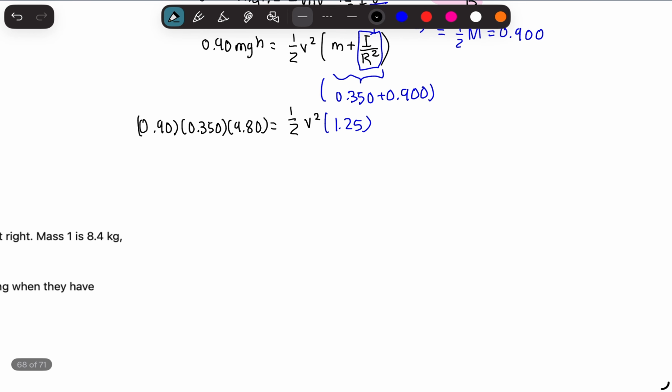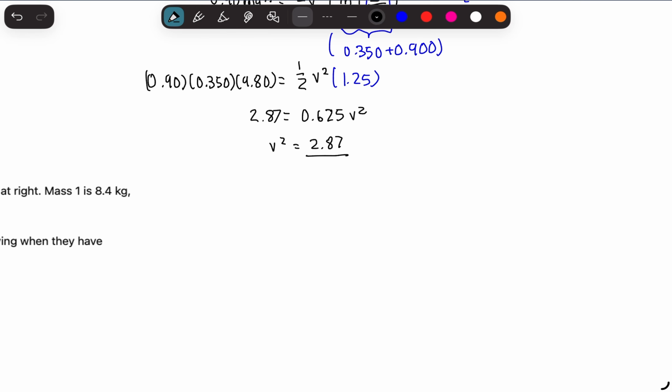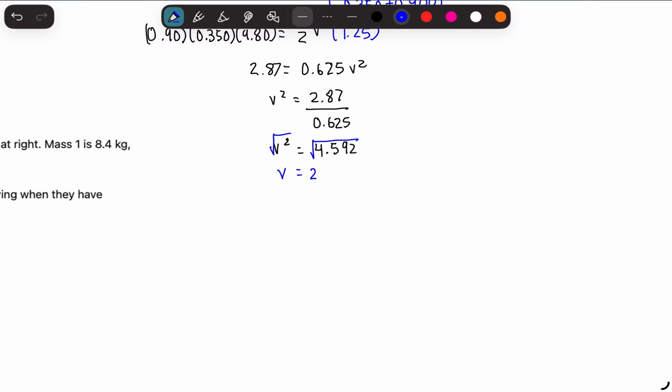Now, left we have 2.87625 V squared. 2.87 over, V is equal to 2.14 meters per second.